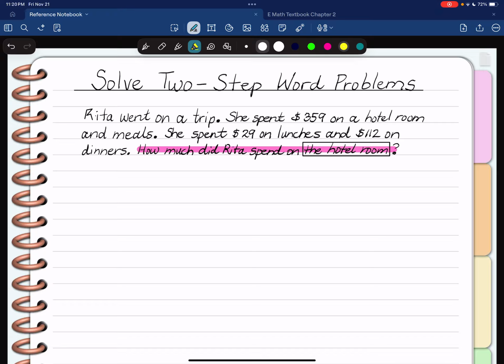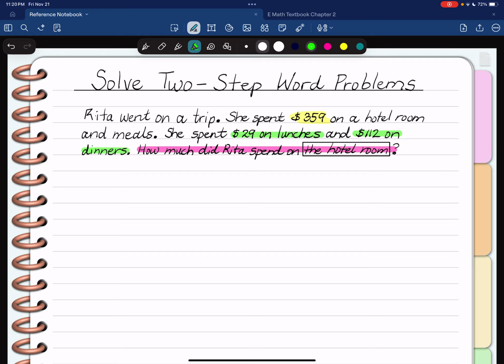We know that she spent a total of $359. That was on the hotel room and the meals. We know that she spent $29 on lunches and $112 on dinners. And we need to know that third piece of the puzzle.